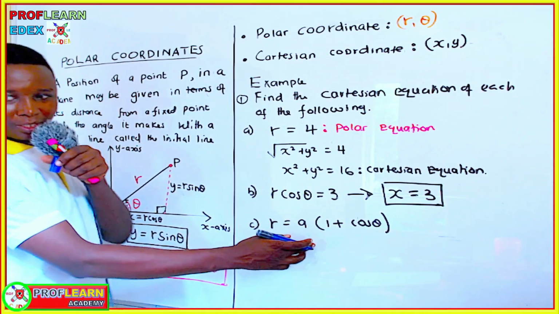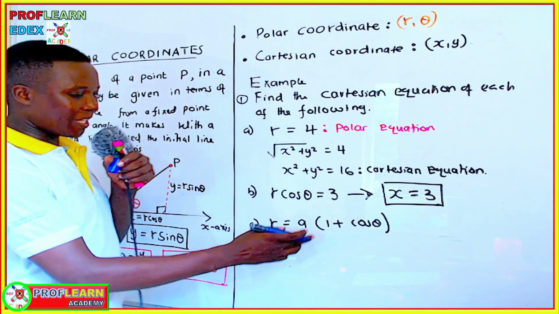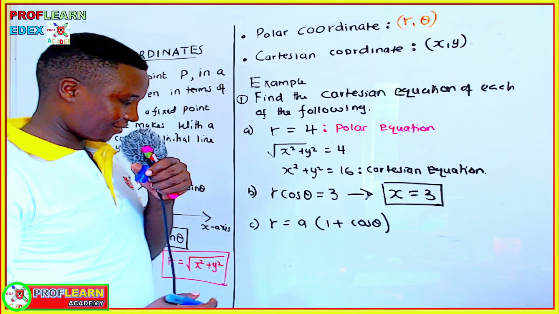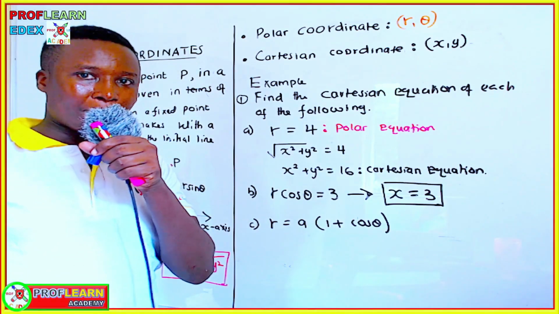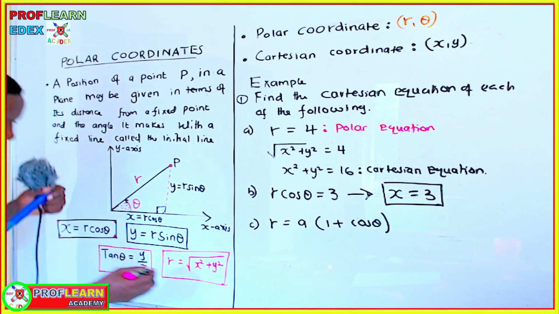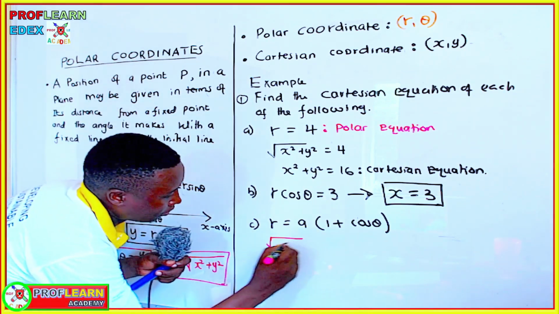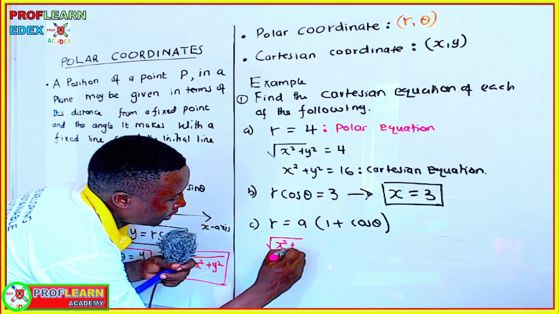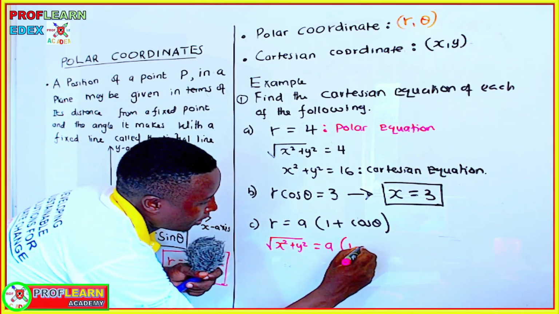We are given here r equals a into 1 plus cos theta. So at this point, we are going to make use again of this equation here. So r is actually the square root of x squared plus y squared equals a into bracket 1 plus.